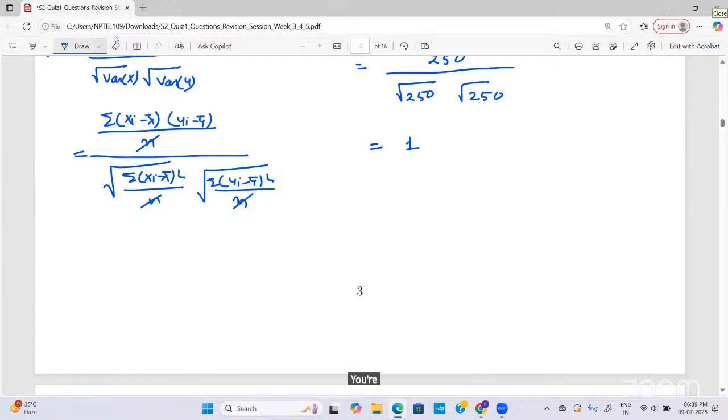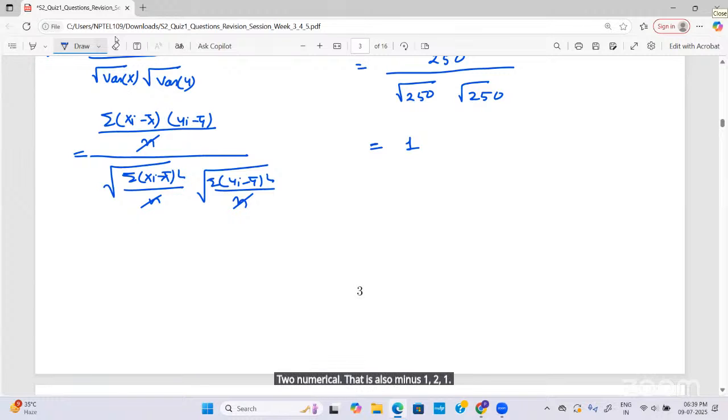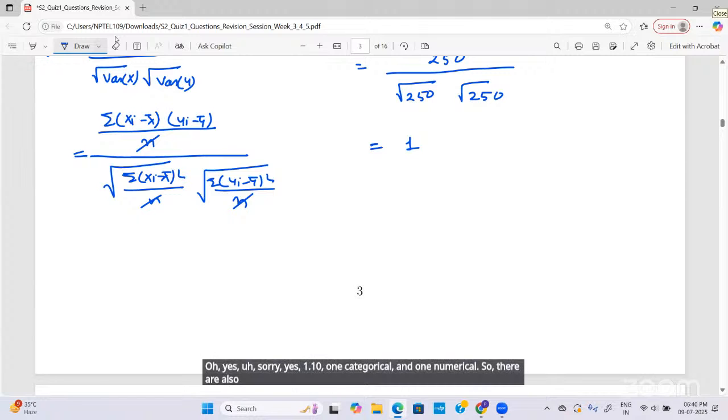You're asking about point biserial correlation, right? Yes, I'm asking that the correlation coefficient is also -1 to 1, and the point biserial, that is between two numerical, is also -1 to 1. Point biserial is not two numerical. Point biserial is between one numerical and one categorical variable. Oh yes, sorry. Yes, ma'am. One categorical and one numerical. So there also we have -1 to 1.